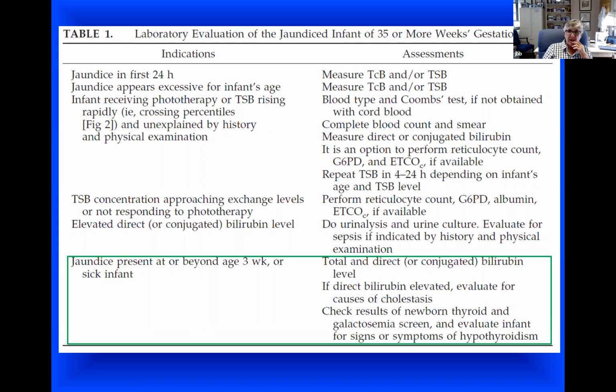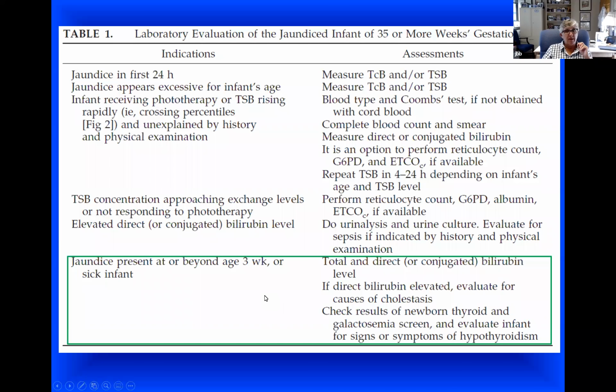If the direct bilirubin is elevated, evaluate for causes of cholestasis like we mentioned earlier. Again, newborn screens become very important. I've mentioned it several times. The thyroid, galactosemia that I've already talked about, and other signs of hypothyroidism in the infant.